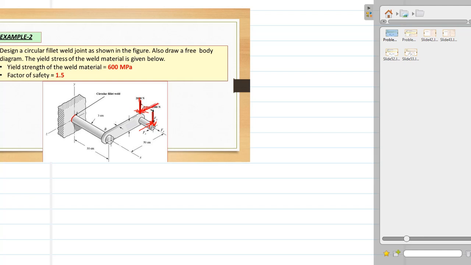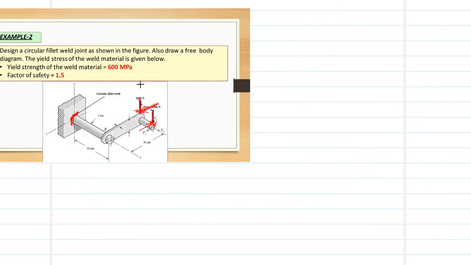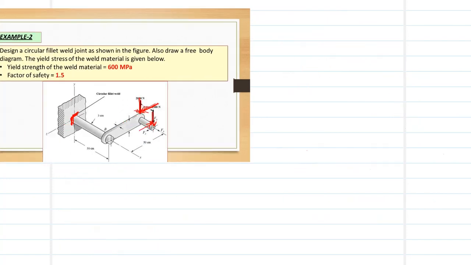The configuration is now an L shape. The horizontal due to P1 is 845.2.